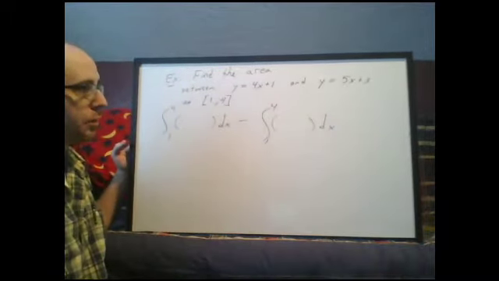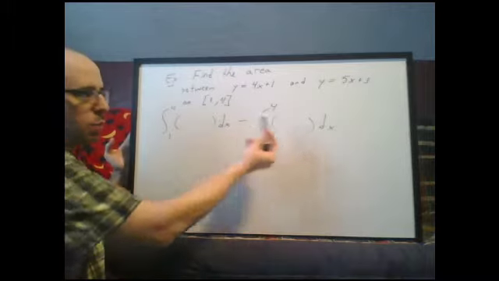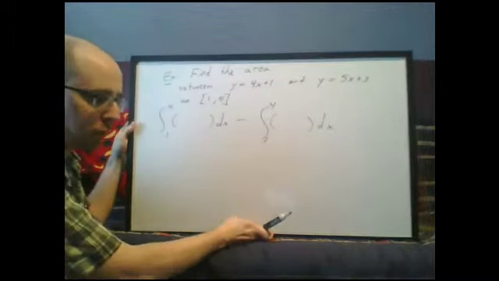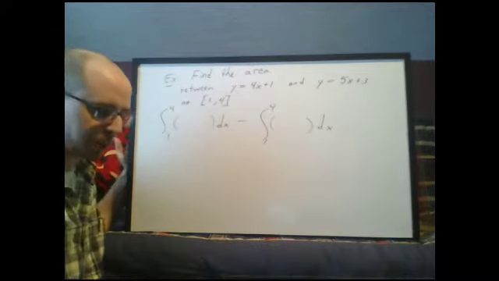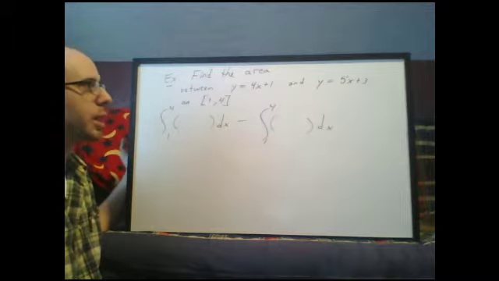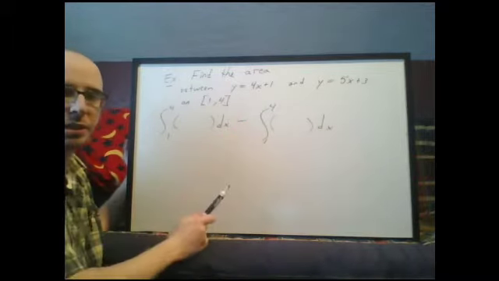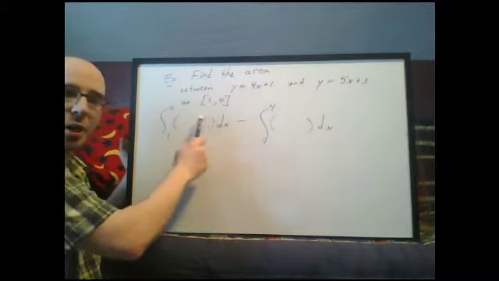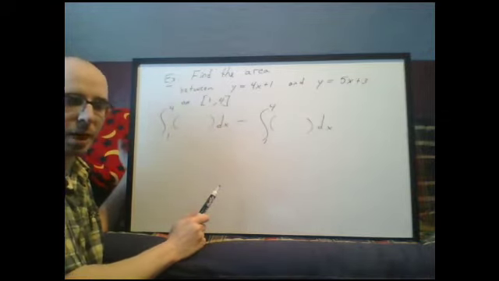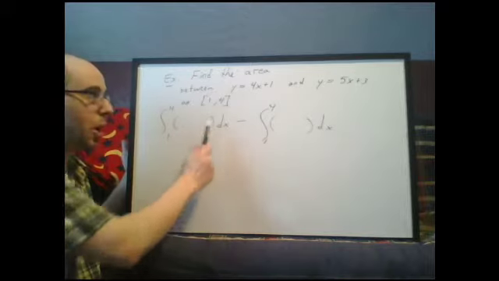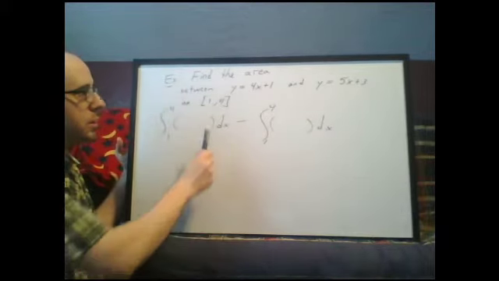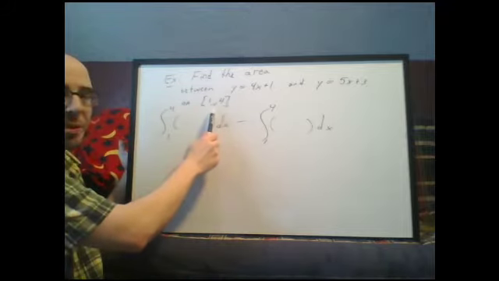Now I need to figure out which function goes here and which function goes here. Now let's assume, and it's true for this example, that we know already that these two functions don't intersect anywhere in this interval. So they're not the same on this interval. That means one is definitely bigger than the other on this entire interval. So I need to figure out which one is bigger. Let's just plug in a number from the middle here, say 2.